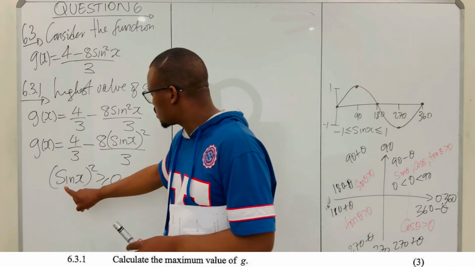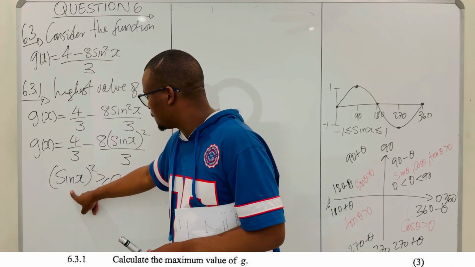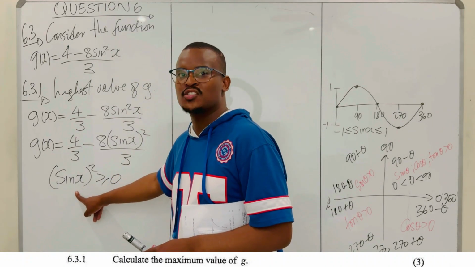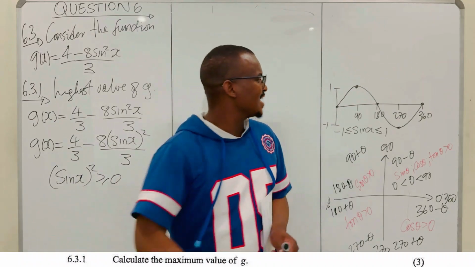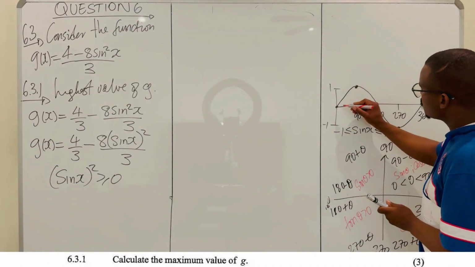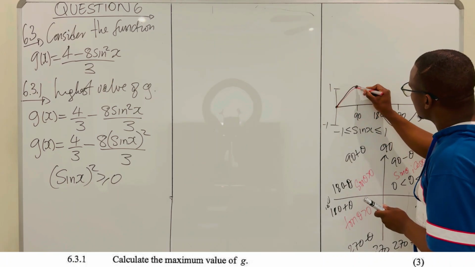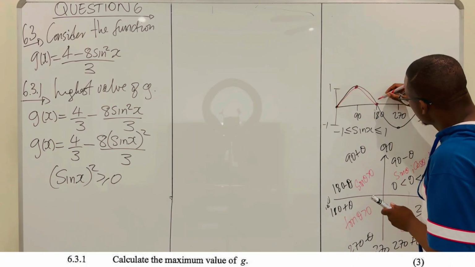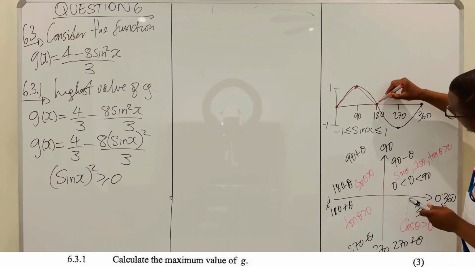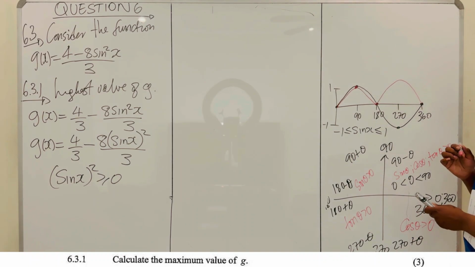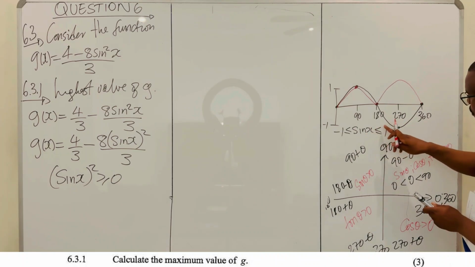Which means if I plot this graph, it will always be 0 or more than 0. It will never go below 0 like that of sine x. So if I were to plot it, I would think it would look something like this. It will turn at that 1, go down to that 0, and when it gets there, instead of going down, I think it would go up again and come down like this. So the black one is your sine x.